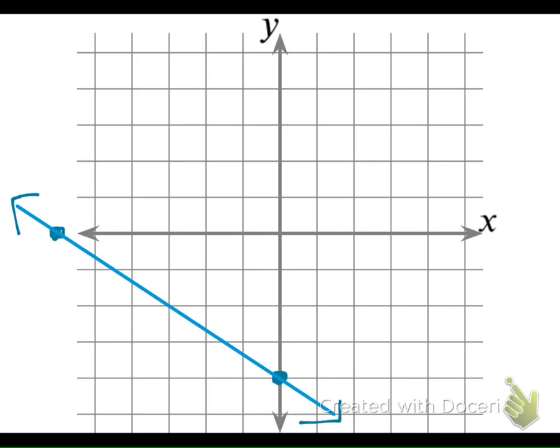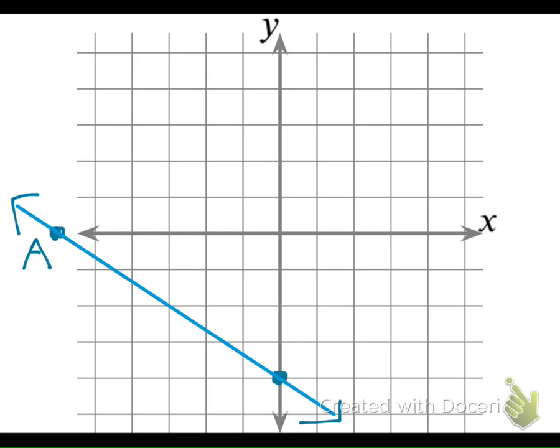You remember what the directions said? Solve for x and y. What else did it say? Plot the points, graph the line, label each line. Good job. Which line is this? A. Line A. So I'm going to put that right here.